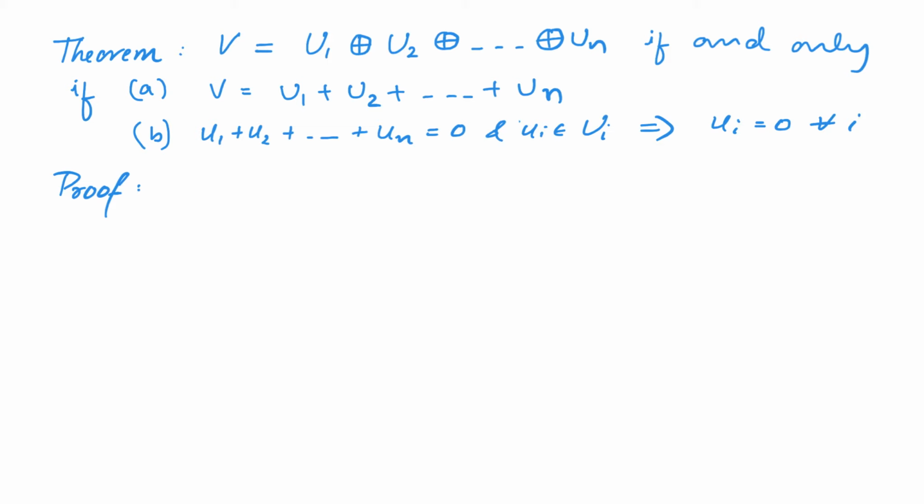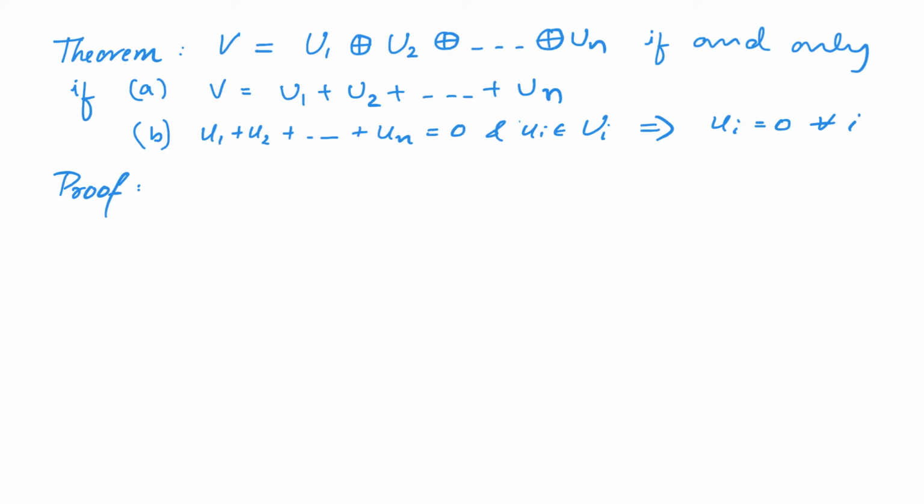Now we have to prove the other way around. That means we will assume that V is the sum of subspaces U1 to Un, and if u1 plus u2 plus u3 plus etc. up to un is equal to 0, then each ui is equal to 0.